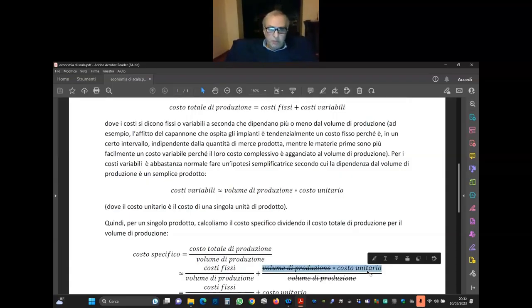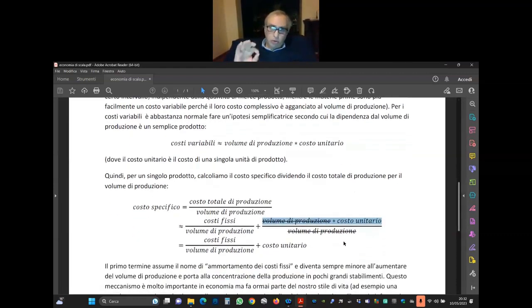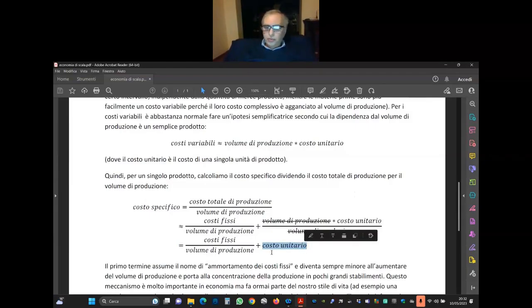We have expressed the variable costs based on this product, and therefore we find the production volume in the numerator and the production volume in the denominator. So we can simplify. By following this calculation, we obtain this little formula for the specific cost of the product. Essentially, we have the total fixed cost divided by the overall production volume, and to that figure, we simply add the variable unit cost to reach our final result.